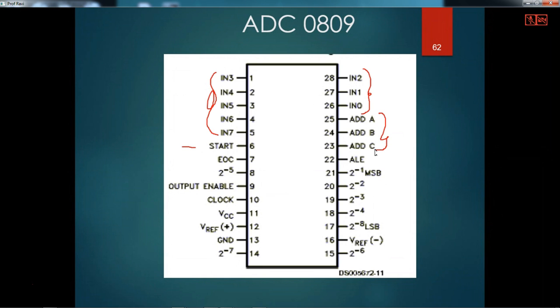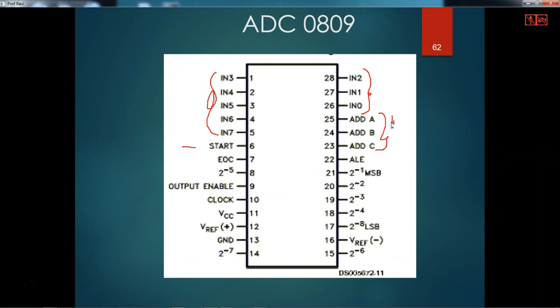In 8086, I clearly explained what algorithm we need to follow. Here we are going to see this again, because the analog to digital converter now needs to be interfaced. It is an 8x1 multiplexer, 8 inputs and 1 output. Any one of the 8 inputs can be selected by using ADA, ADB, ADC.